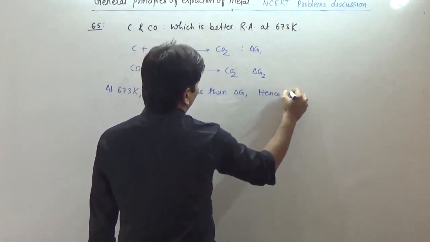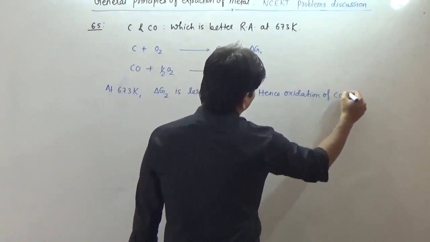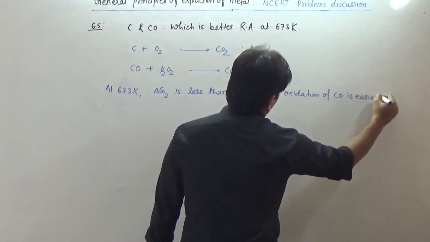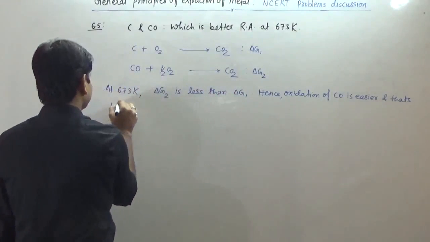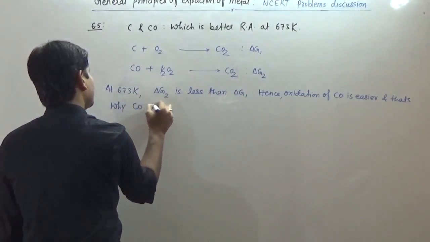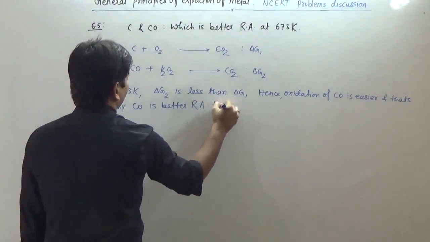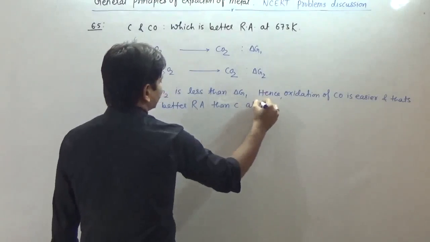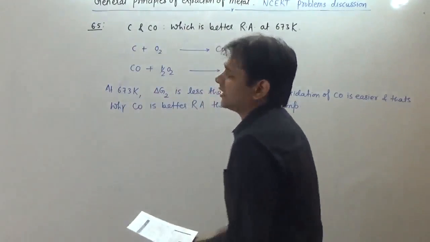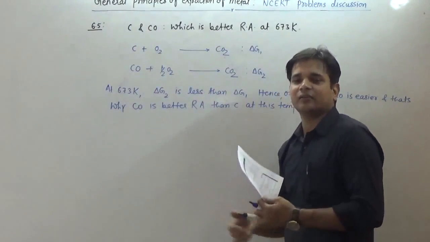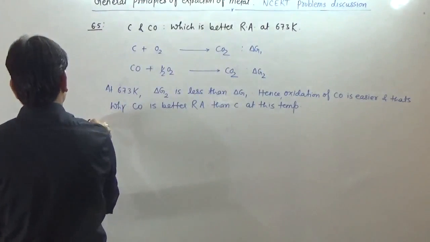Hence, oxidation of CO is easier, and that's why CO is a better reducing agent than carbon at this temperature. If a species is getting oxidized more easily, then it will reduce other materials more easily, and that's why it is a better reducing agent.